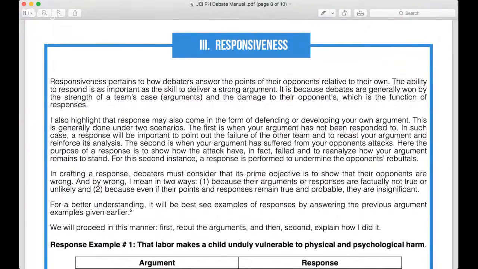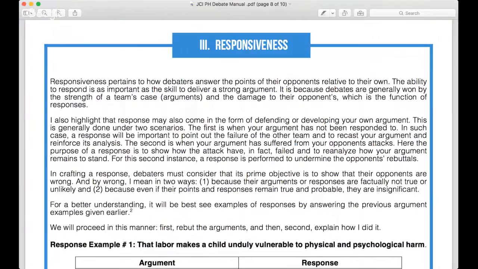This ability is as important as the skill to deliver an argument, because debates are won by two things: your constructives, the arguments, as what Dino discussed, the meat of your speech, as well as your ability to damage the arguments of the other side. So it is a function of responses as well.